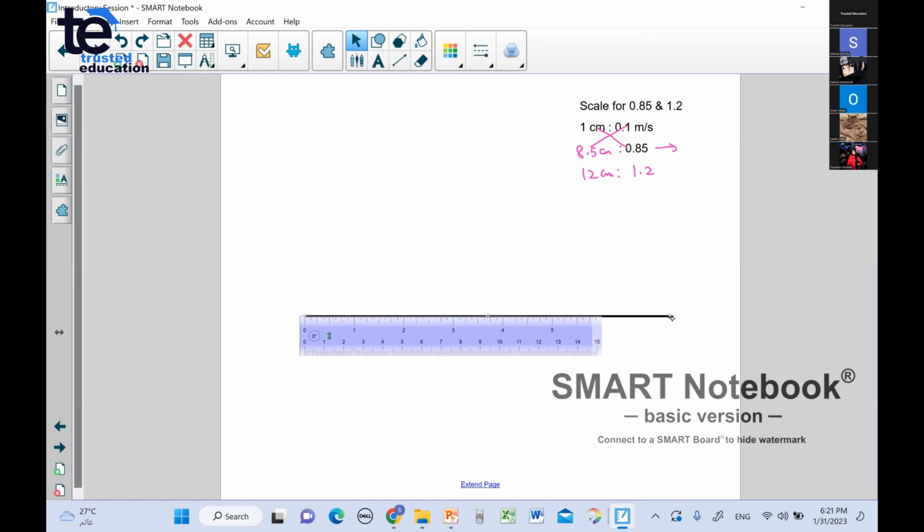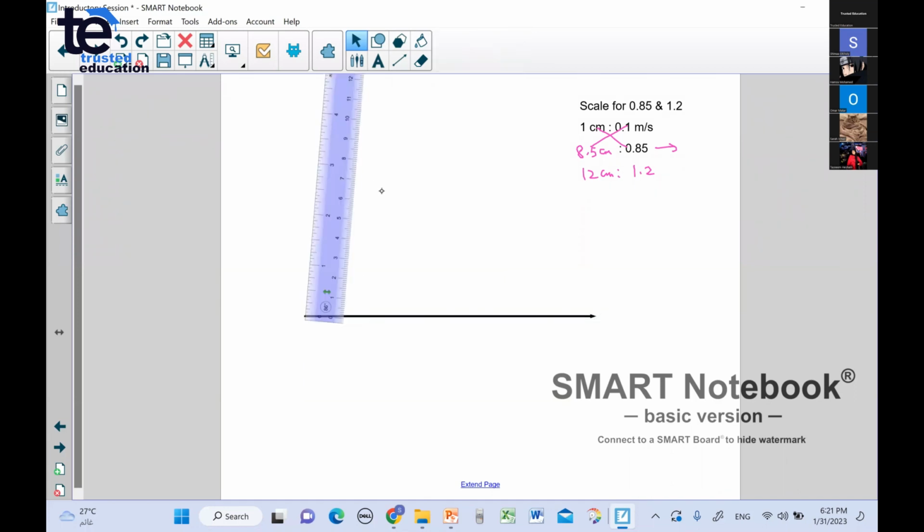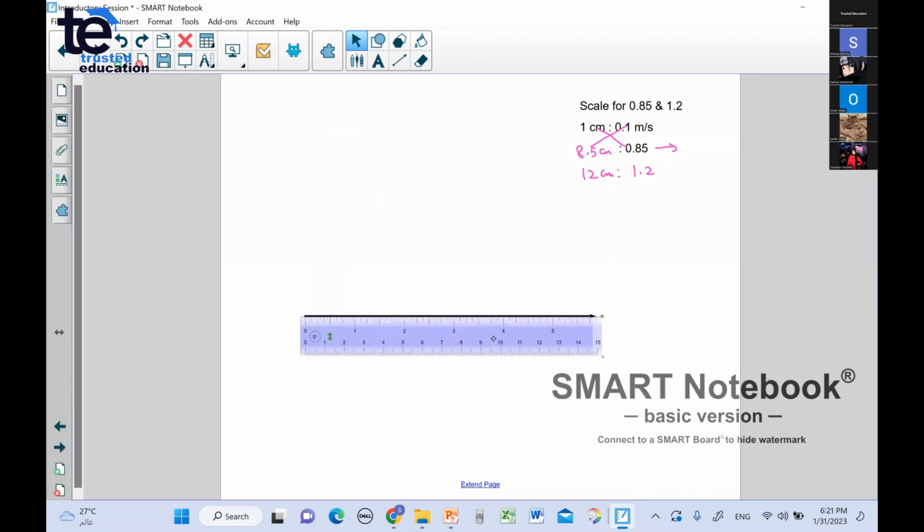So I'll take this one and shorten it to 8.5. It's 8.5. The upper one is the inches. So remember 8.5 means here. I will shorten my, of course, this will be easier with a real ruler. Now I have drawn the first vector.